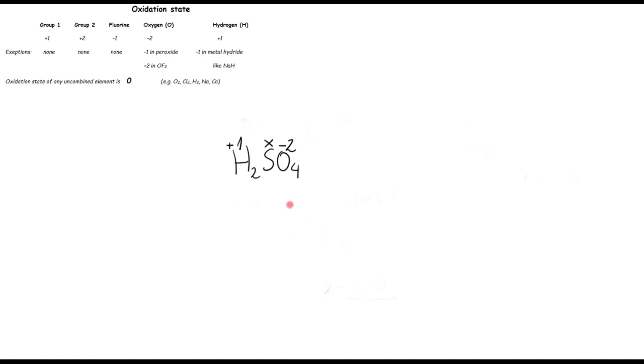Following our pattern again, 2, because we have 2 atoms of hydrogen in one molecule, multiplied by the oxidation state of hydrogen, plus 1 multiplied by X, because we have one atom of sulfur in our formula and X is its unknown oxidation state, plus 4 multiplied by -2, because we have 4 atoms of oxygen in that molecule and -2 is the oxidation state of each one.